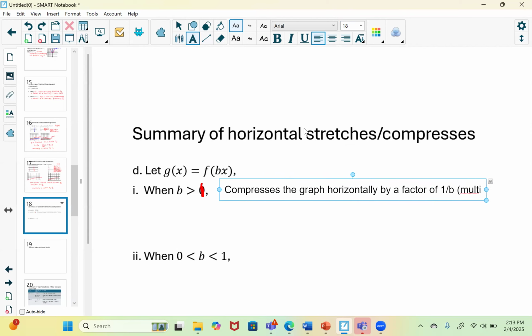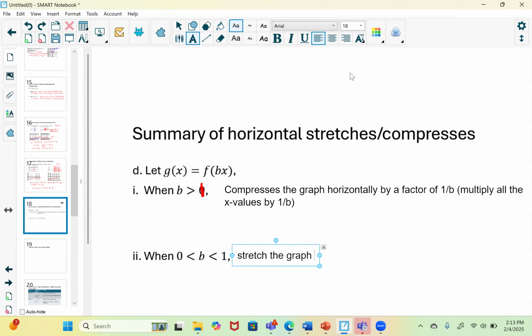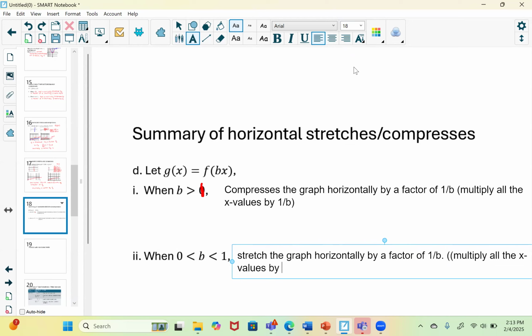So we multiply all the x values by 1 over b. And if b is between 0 and 1, then we stretch the graph horizontally by, again, a factor of 1 over b. And so we multiply, again, the x values by 1 over b. And so that's the last one that we're doing, these horizontal stretches.